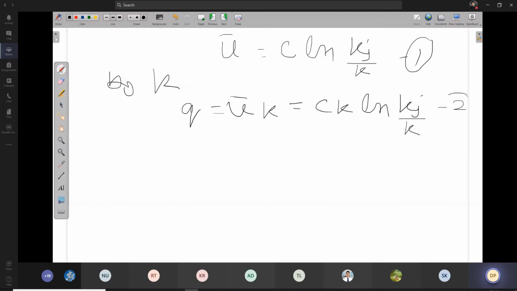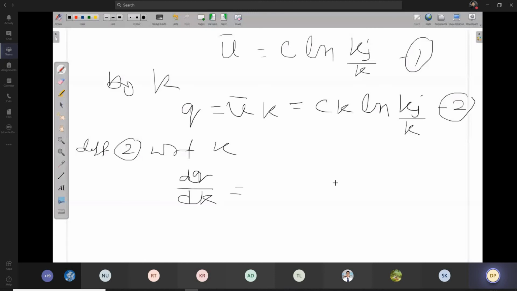Now differentiate this equation with respect to k. What do you get? dq by dk is equal to, what is this differentiation? Can you do the differentiation and tell me what this value will be? There I have written ck, then ln kj by k.